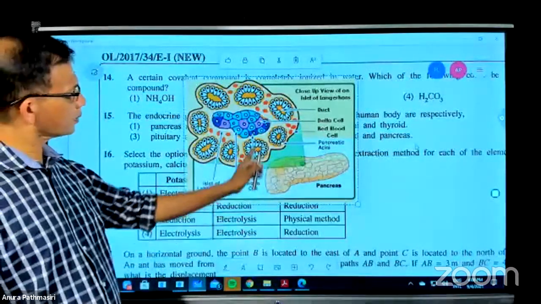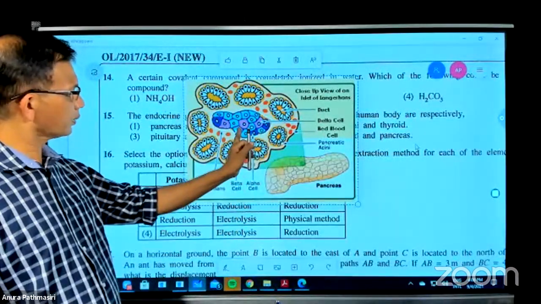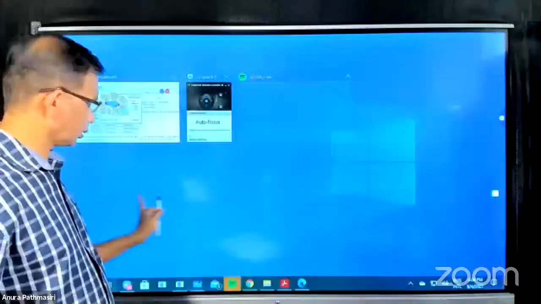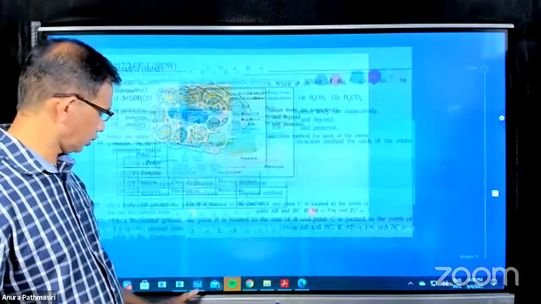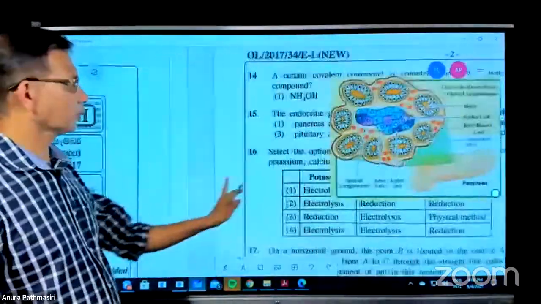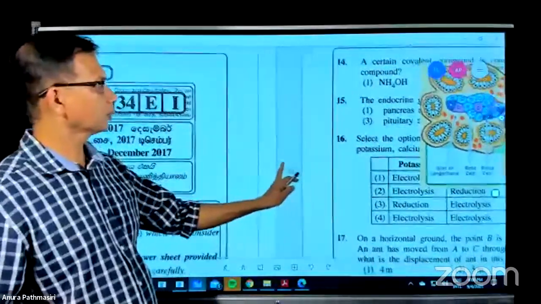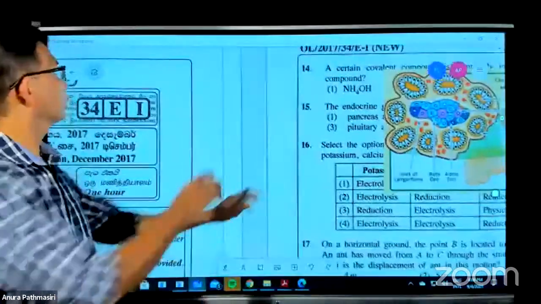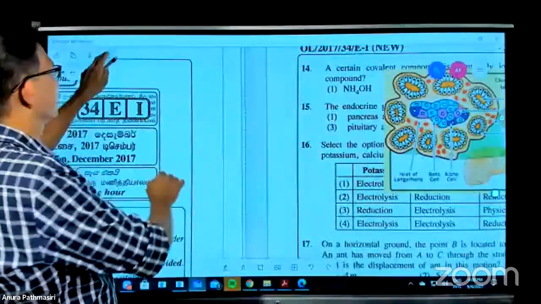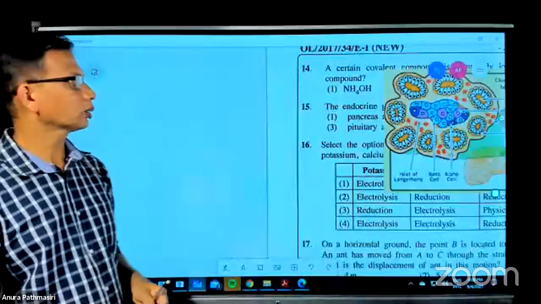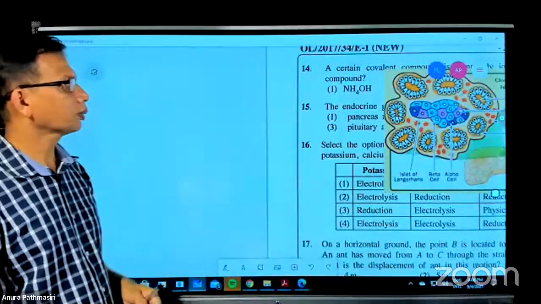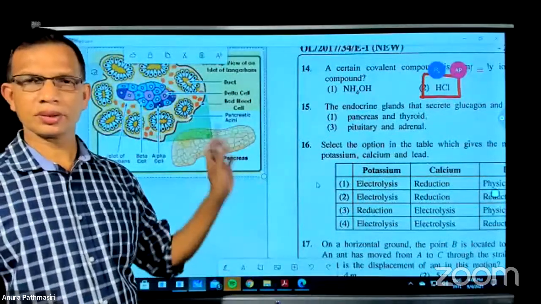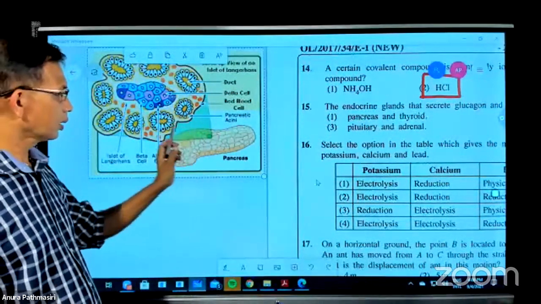You can see alpha cells and you can see beta cells. That's the isle of Langerhans. I will get one more. Look at over here. Now I don't want this one, therefore I will erase it so I can take the picture over here.